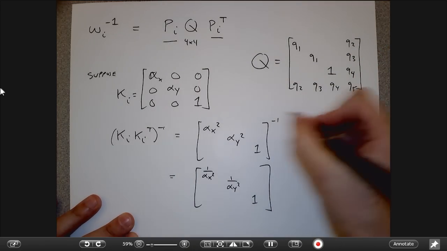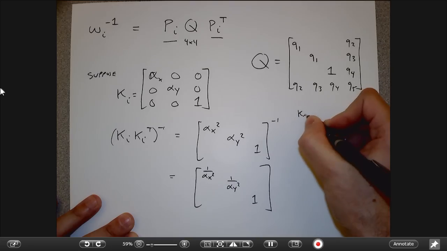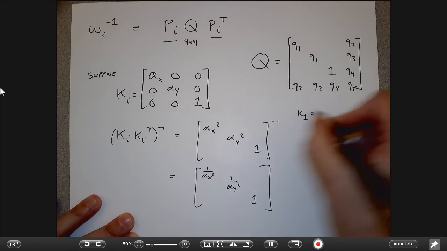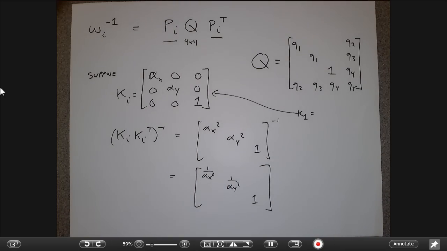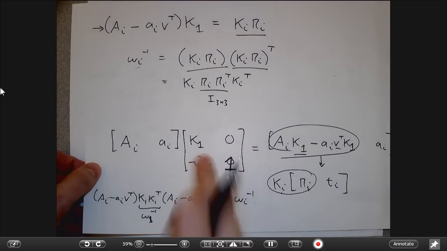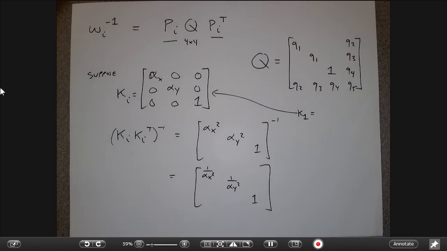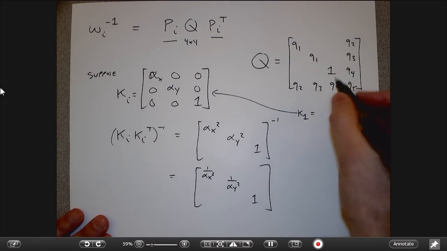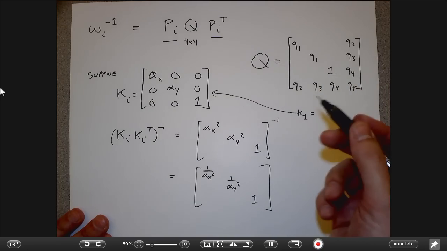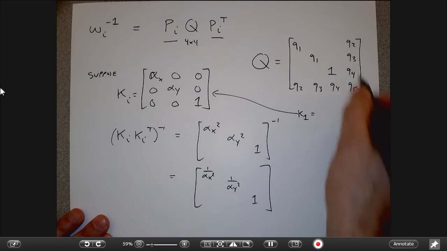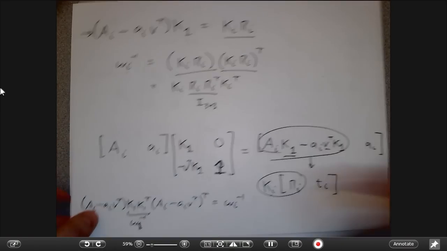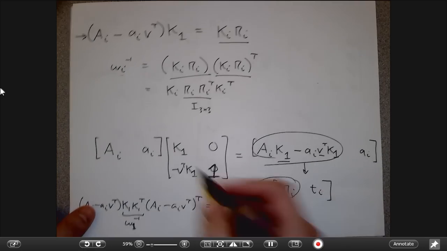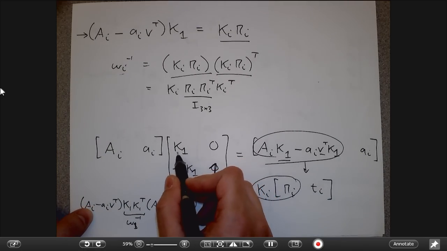This again comes from the fact that if I assume K_1 is equal to something like this, then when I multiply all this out, I get a particularly nice looking Q matrix. Now there are only a few things I don't know. It makes sense there are 5 numbers here I don't know because there were 5 numbers back here that I don't know. I don't know the alpha x and alpha y for this matrix. I don't know the 3 values of this vector v.